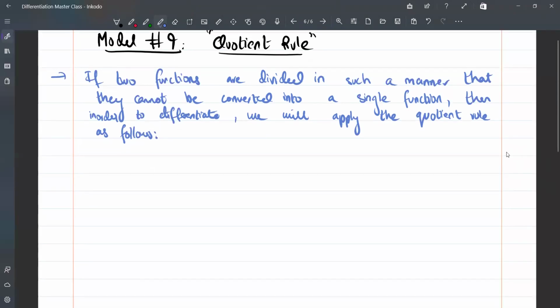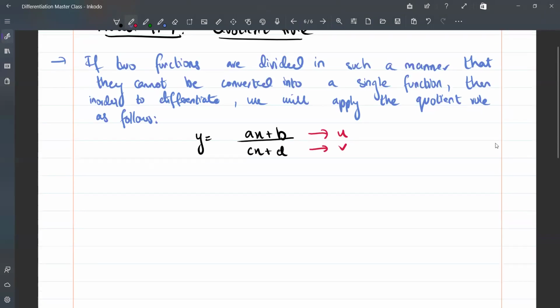Let's say we have y is equal to ax plus b upon cx plus d. So this would be u and this would be v.